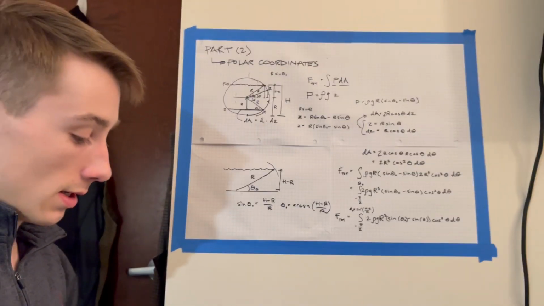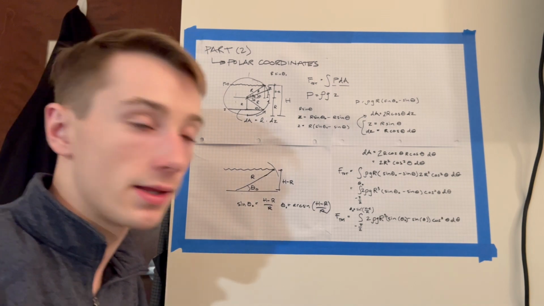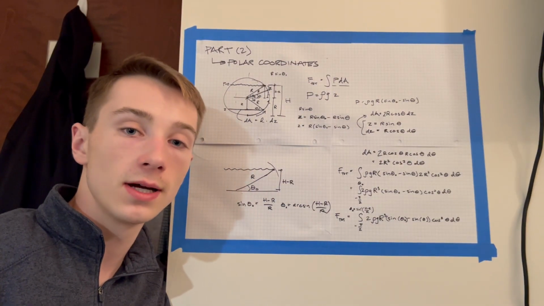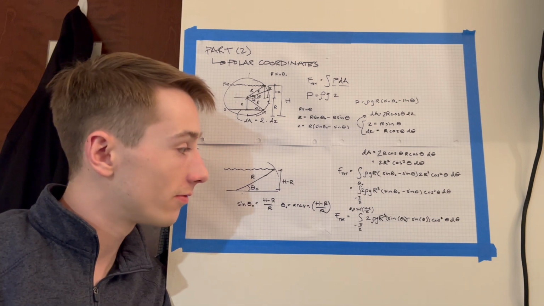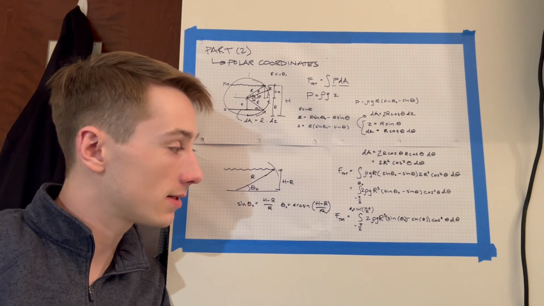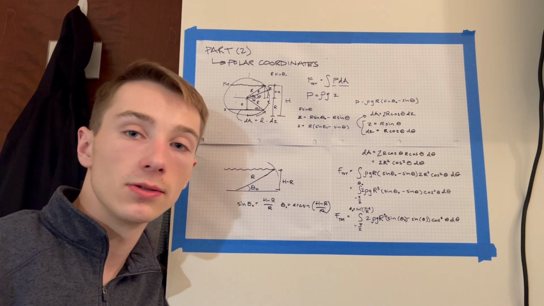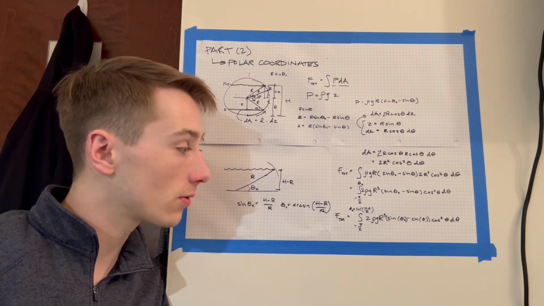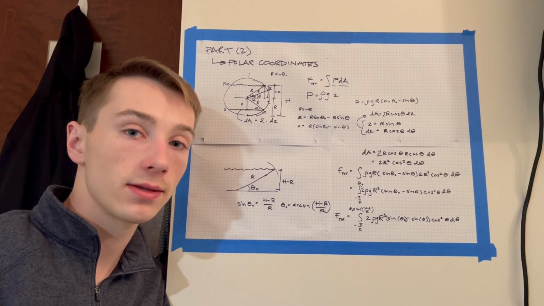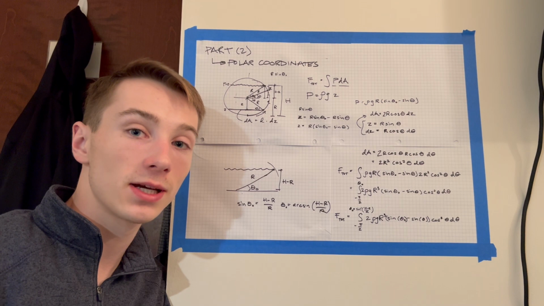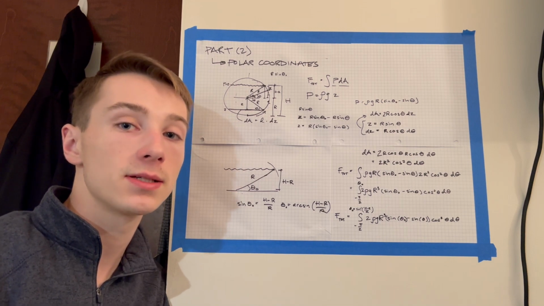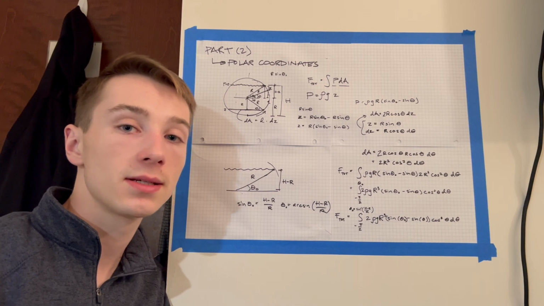Just like part 1, this expression for force as an integral is very hard to solve directly by hand. So we're going to turn to the computer and use some Python coding in Colaboratory, and we'll solve this with numerical integration in Python. Stick with me for one more jump cut, and we're going to cut over to the computer and solve both part 1 and part 2 with some numbers.